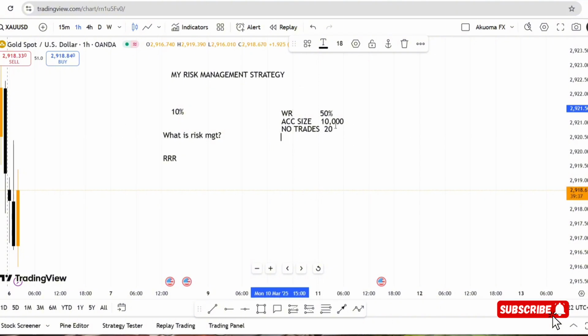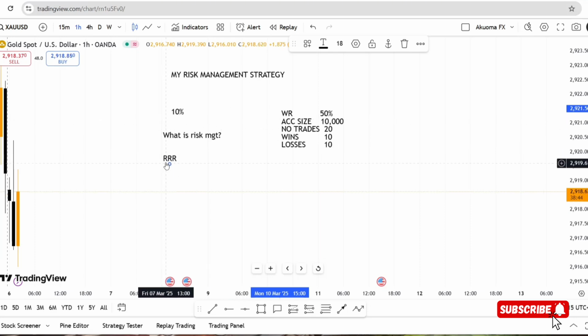And because your win rate is 50%, out of these 20 trades, you won 10 trades, or 10 trades went in your direction, and then your losses, also 10 trades because of the 50% win rate, which means out of 20 trades, 10 trades were wins and 10 trades were losses.